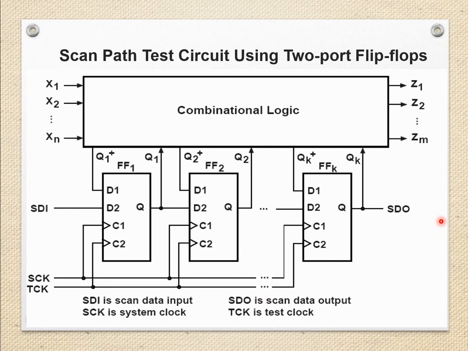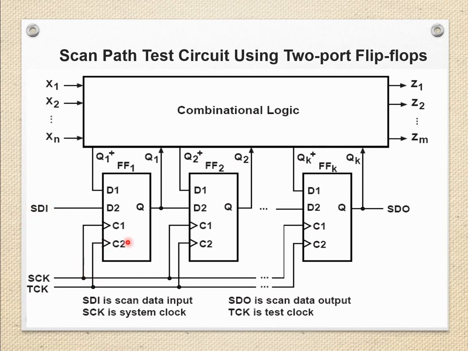So this is the scan path test circuit using 2-port flip-flops, and here you can see the different control signals. We have the combinational logic having the inputs X1 to Xn and outputs Z1 to Zm. All the flip-flops are interconnected in a chain fashion. We have the scan data input over here.